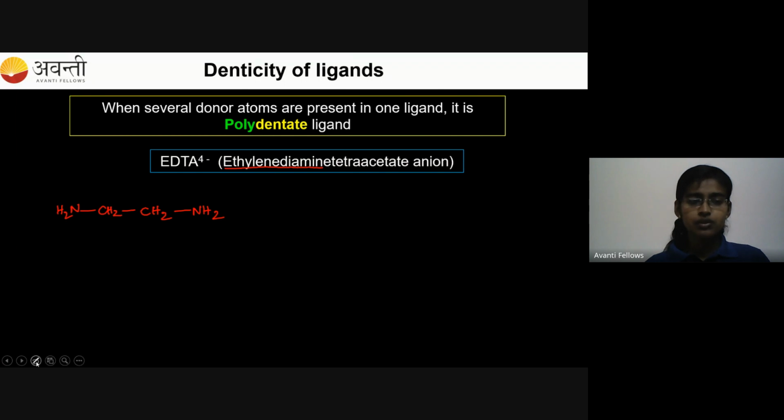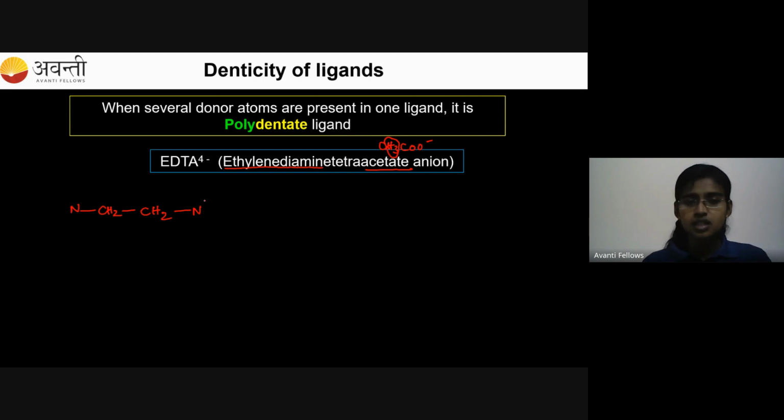Now from this ethylene diamine, you have to replace the 2 hydrogen atoms attached to each nitrogen by the acetate group. What is the formula for acetate group? It is CH3COO-, right? So one of the hydrogens from this CH3 will be substituted.